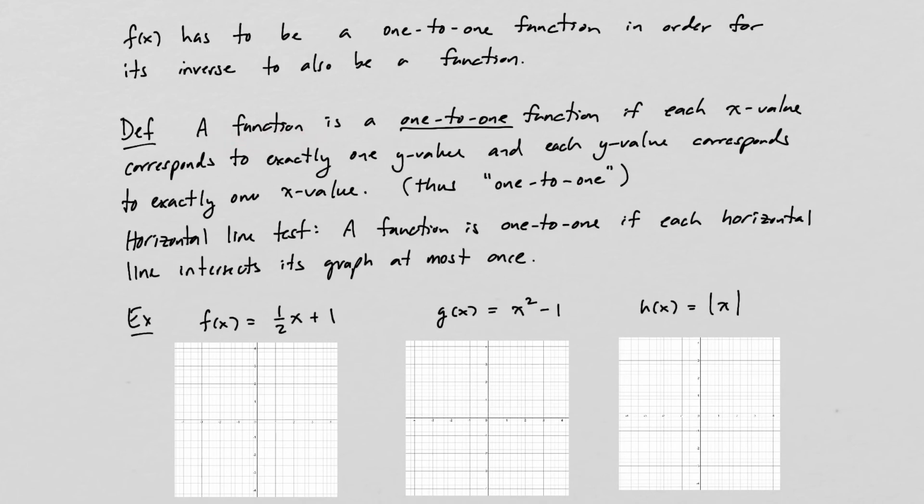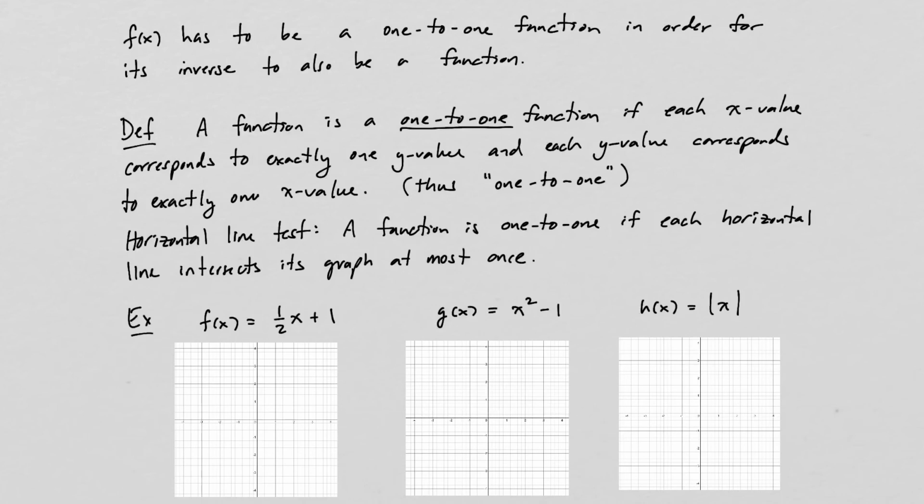A function is a one-to-one function if each x value corresponds to exactly one y value and each y value corresponds to exactly one x value. Thus the name one-to-one. One x corresponds to one y and one y corresponds to one x.